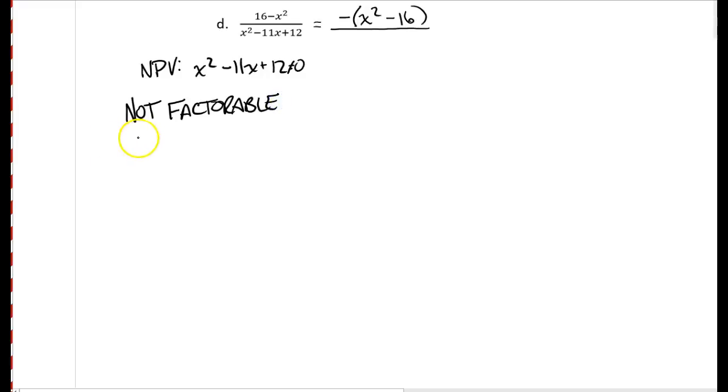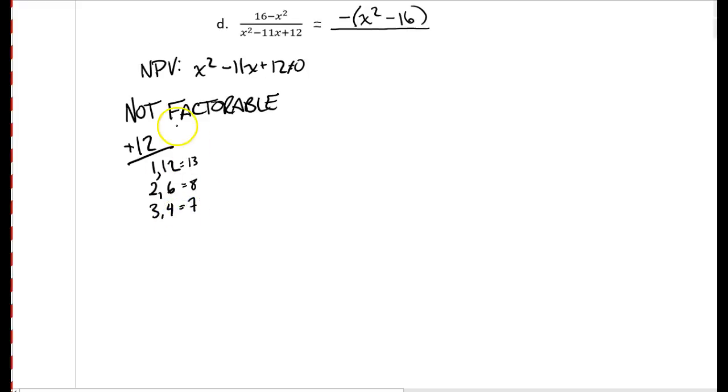Okay, and proof's kind of in the pudding. 12's factors need to be the same sign, so either both positive or both negative, to give us that positive 12. And my options are 1 and 12, which the difference would be 11, but I can't have a difference when they're the same sign. Or I can have 2 and 6. Well, that equals 8. And I can have 3 and 4, but that gives me 7.